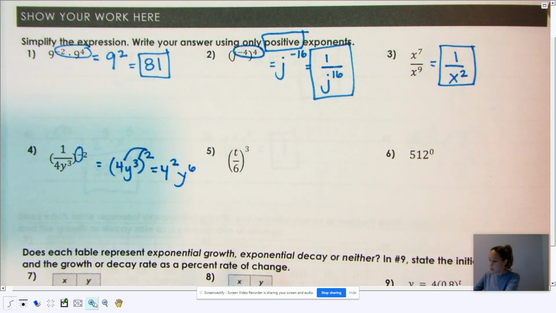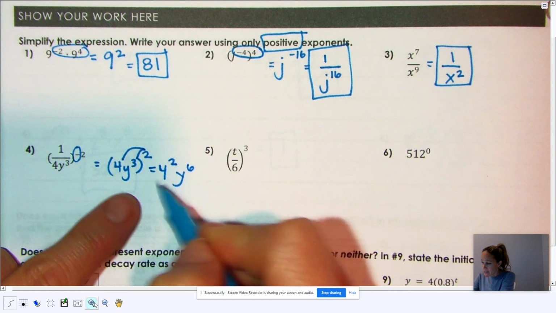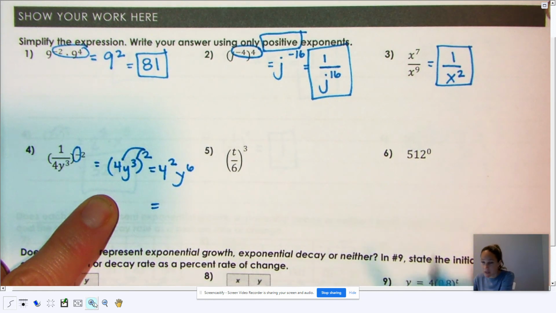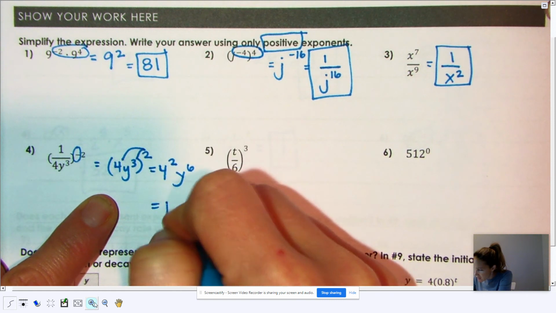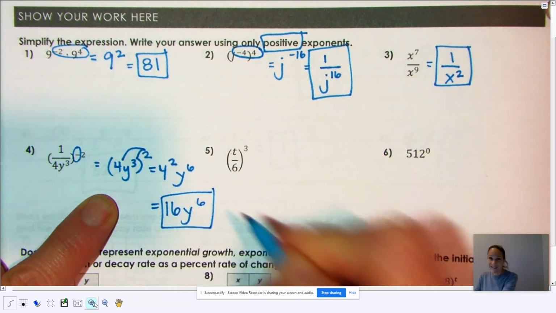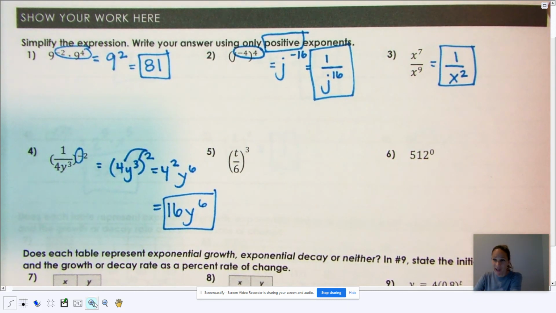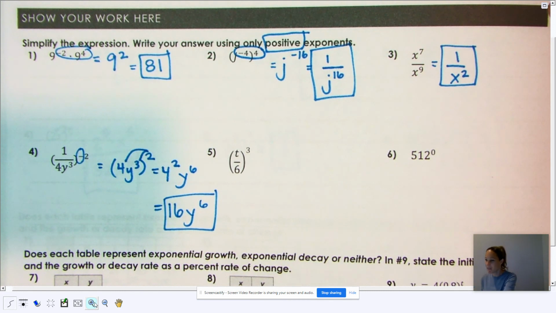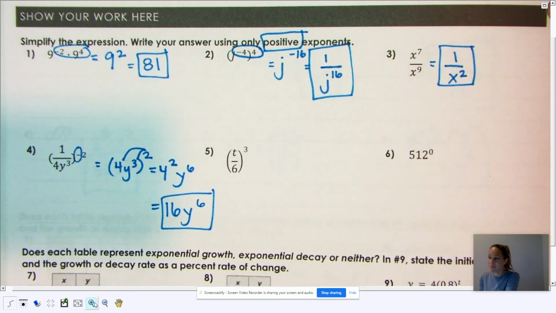Remember what I told you up here for number 1, anytime you have a number with an exponent, we can simplify that, especially when it's these lower numbers. 4 squared is 16. So that one's super easy to simplify. If it was like 7 raised to the 8th power, I would be tempted to leave it like that. But hopefully most of these problems will have exponents that don't create huge numbers when you simplify them, because it really doesn't seem that much simpler if you get a ginormous answer.